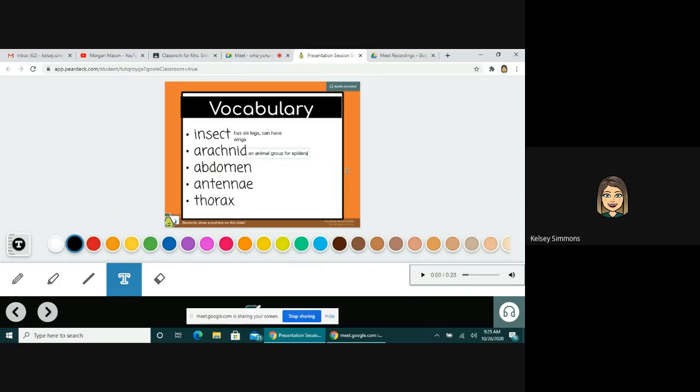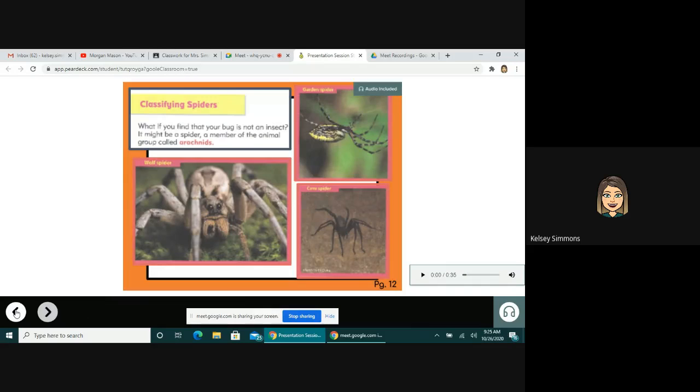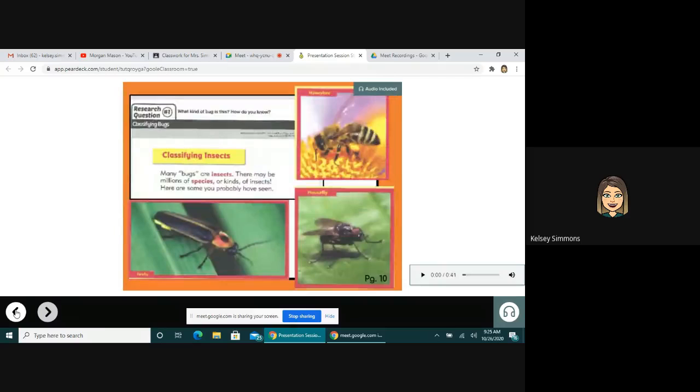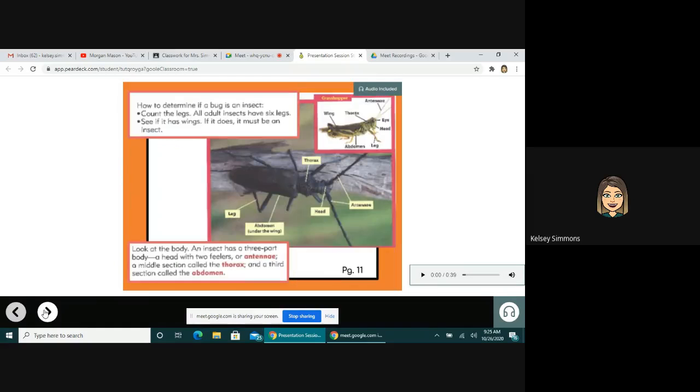Now, what I want you to do, since we worked on insect and arachnid together, I would like you to define abdomen, antennae, and thorax. Remember, you can use the arrows at the bottom to find those words in bold red. Oh, look right here. On page 11, we have antennae, thorax, and abdomen.